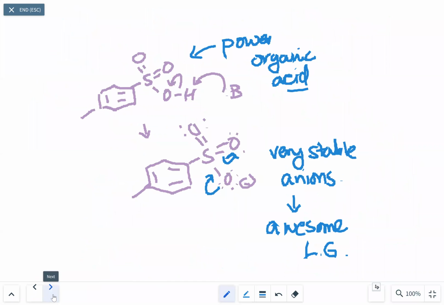And this is important because this chapter is basically involving alkyl halides, doing substitution reactions with them.